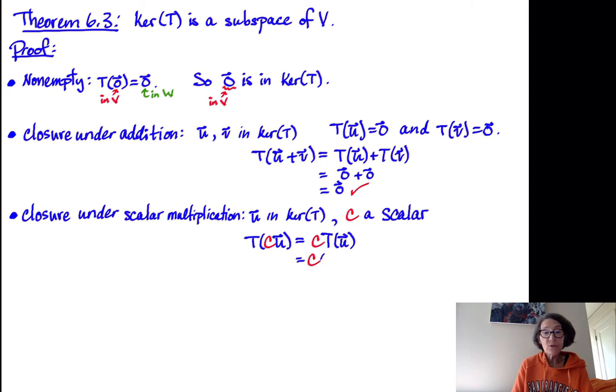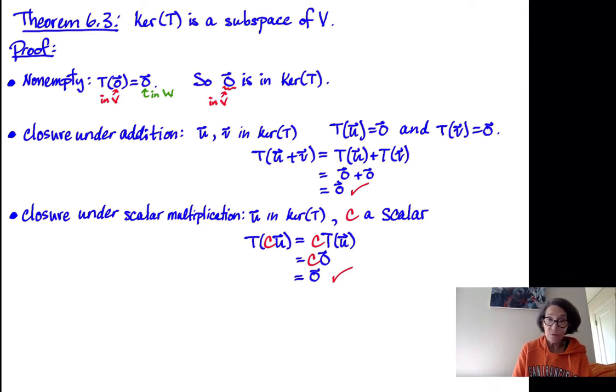Well, T of u is 0, and we know that a scalar times 0 is just the 0 vector. So it's closed under scalar multiplication. So the kernel of any linear transformation is always a subspace of the domain of the linear transformation.